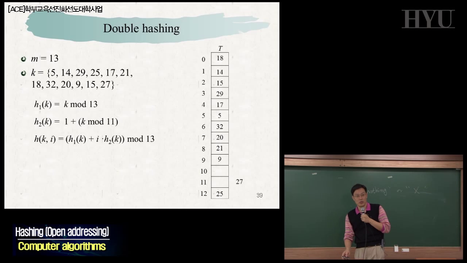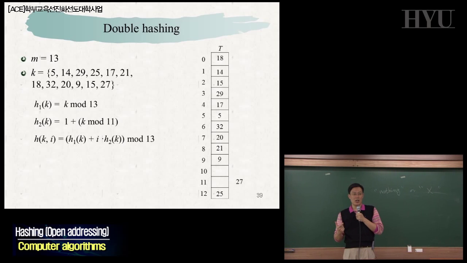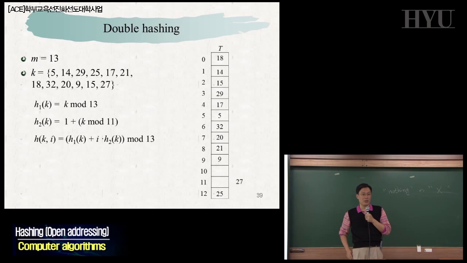So as I told you, if only a small number of slots are empty, it is very difficult to find an empty slot, even though you are using a very, very good hash function.